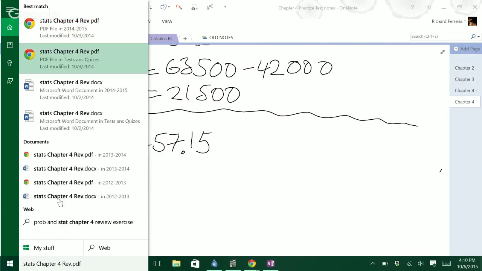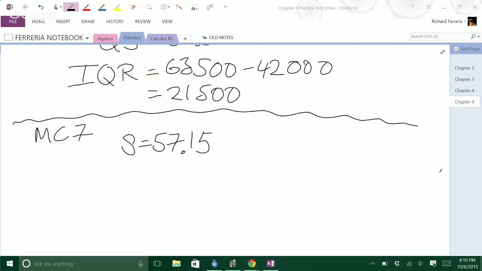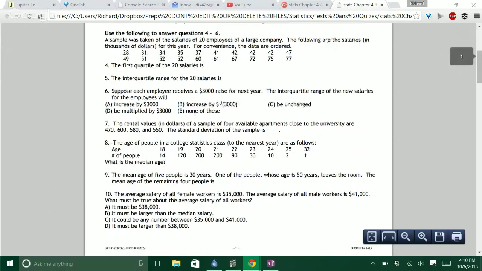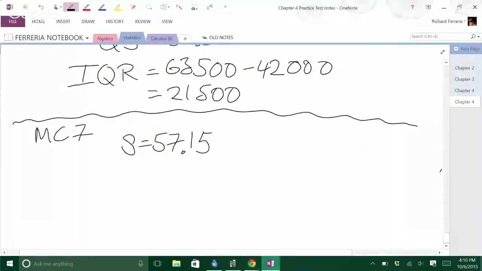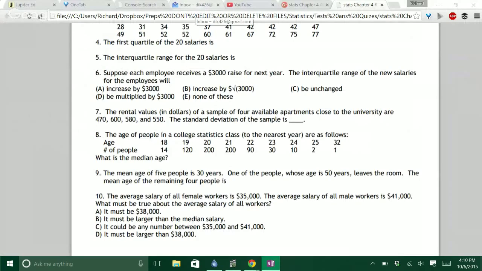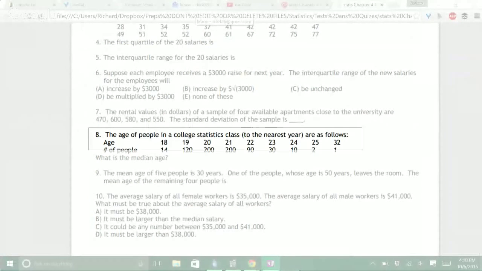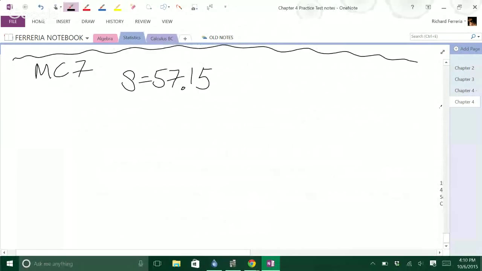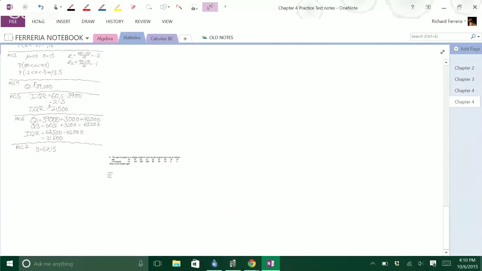Oh, you already have it. There we go. So we're looking at this chart right here, right? Number 8.